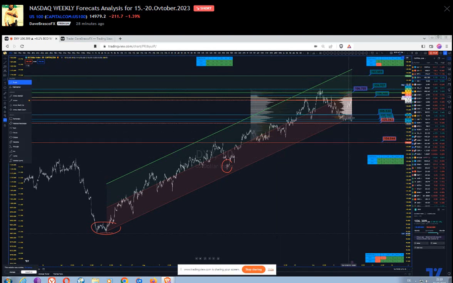We have also some major keys here. For example, October the 12th, as the retracement has been completed.